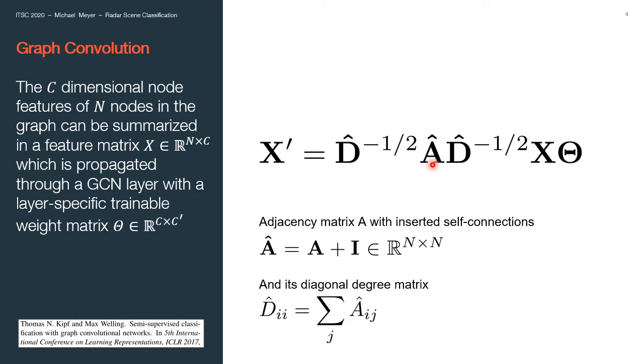The weighted sum matrix is then multiplied with the trainable weight matrix theta, which for each output feature channel contains exactly one weight for each input feature channel. This isotropic property is a substantial difference compared to a standard 2D convolution.